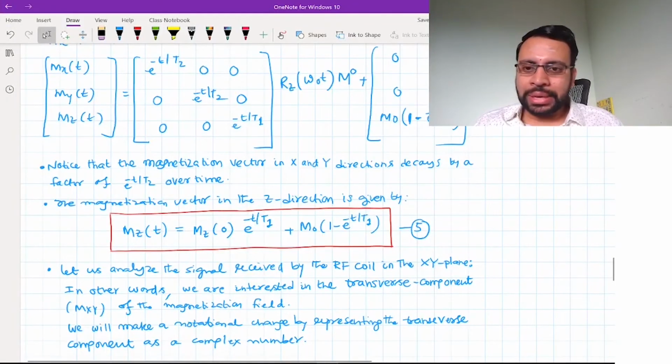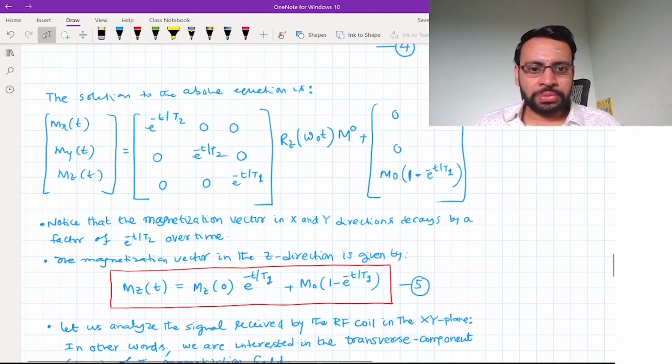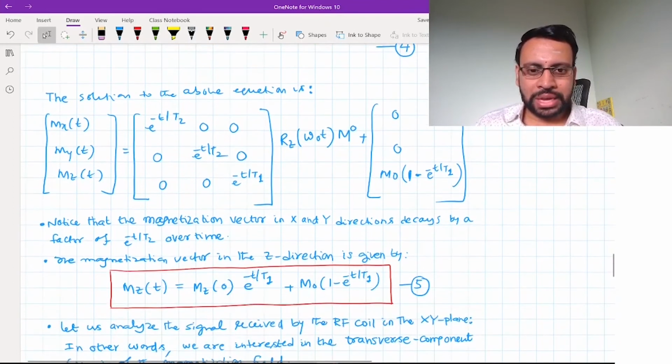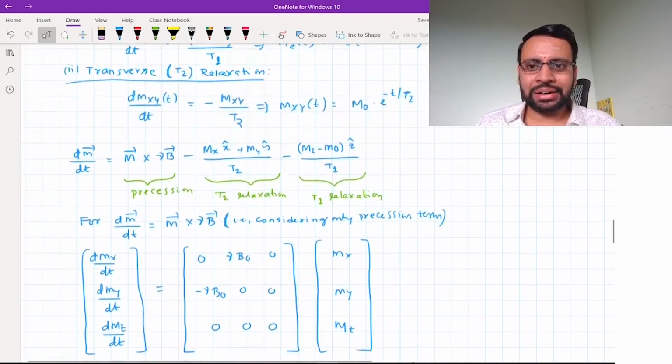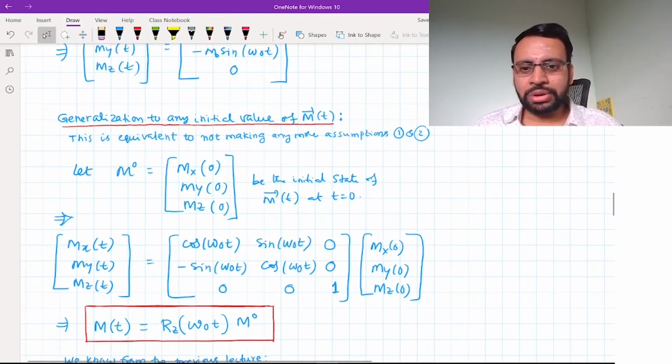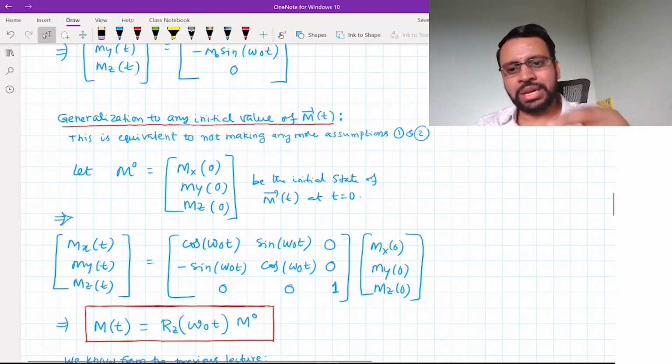So you could write now mz of t to begin with, that's equivalent to mz of 0 into e power minus t by T1, because the initial conditions you have anyway written as m superscript 0. So that initial condition is getting multiplied. m of 0 you could write as mx of 0, my of 0 and mz of 0, the initial values of the components mx, my and mz.